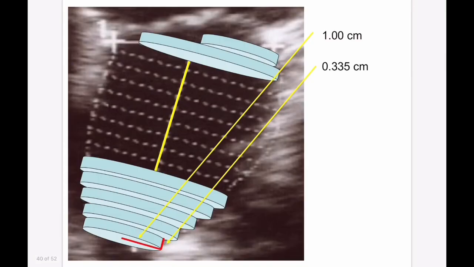I start off with knowing that the disc diameter here was 1 centimeter, which means, of course, that the radius is 1. So this portion of it is 1 centimeter. And I know that the thickness was 0.335. Remember that the thickness was the whole thing divided by 15.